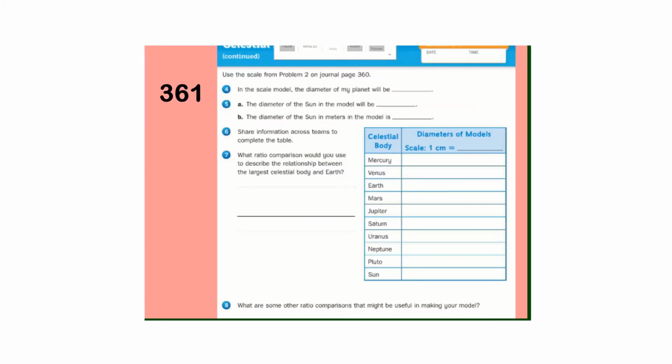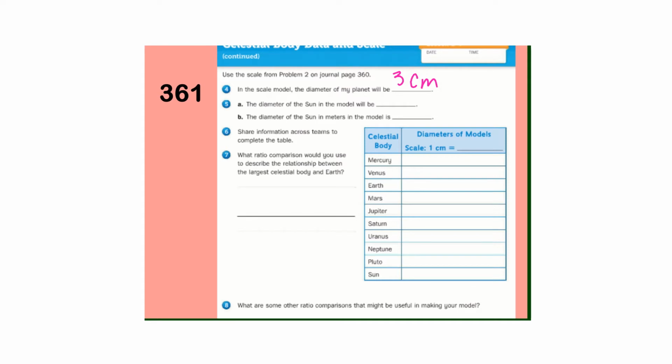So number 4, the diameter of the planet is going to be how many centimeters then? If every centimeter is 5,000 kilometers, approximately we're going to say 3 centimeters, right? That's close.